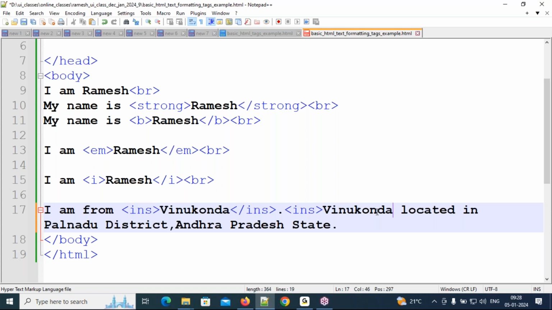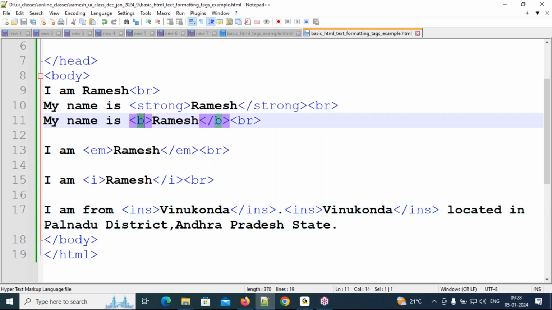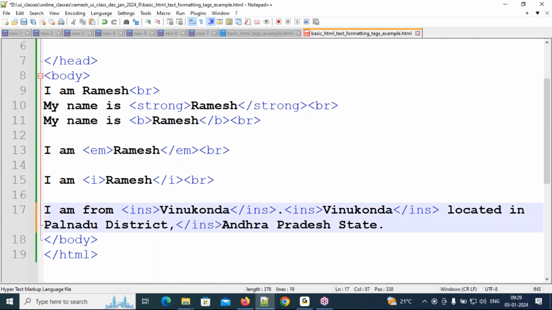And the worst thing in the software industry is that they ask you strong tag and B tag in interviews. Even if I tell the exact result, they don't accept it, because those senior persons also don't find the exact difference. I'm not saying they are asking the wrong questions, but actually there is no visible difference.